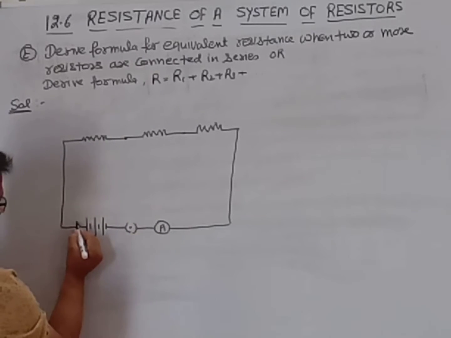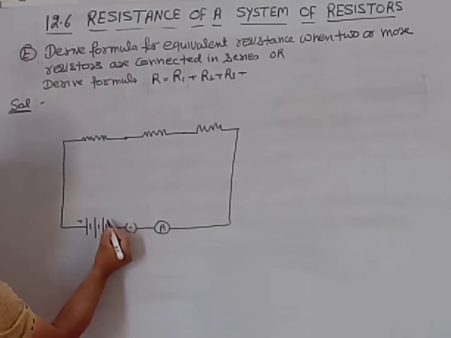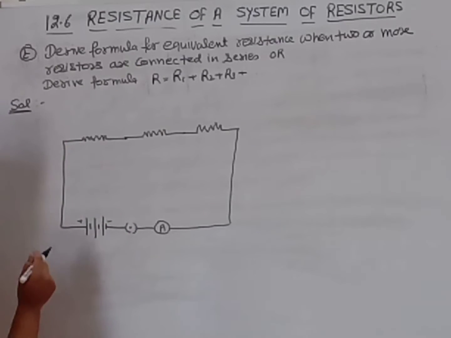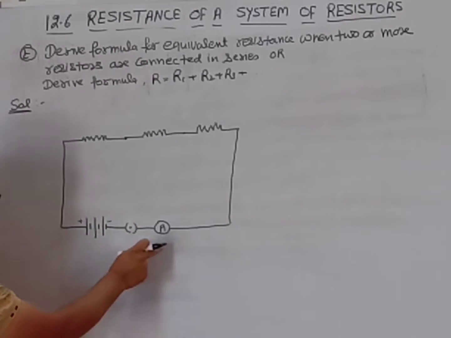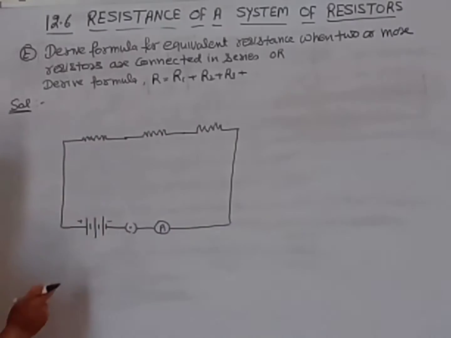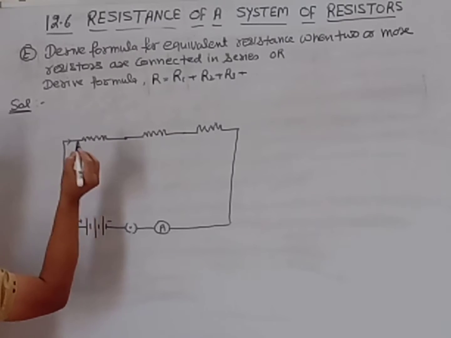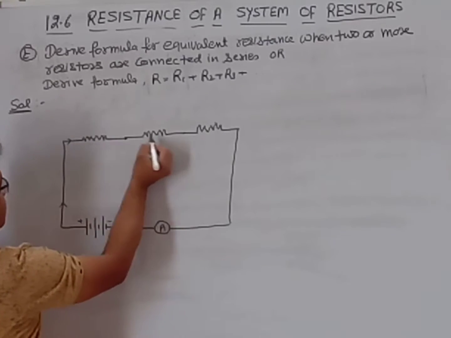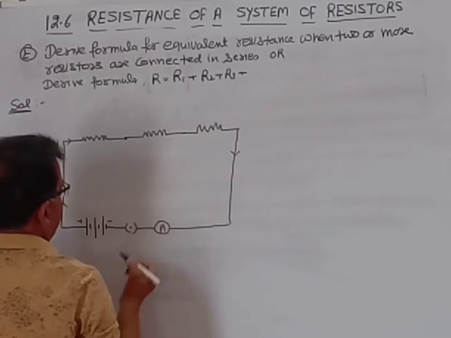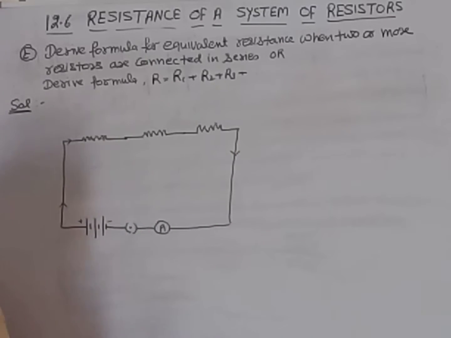This is the positive end of the battery, this is the negative end of the battery. We know that current flows from the negative end to the positive end, but in the diagram we show the conventional direction, that is from the positive end to the negative end.